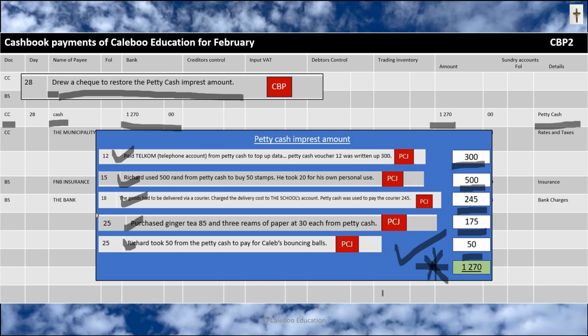It's going to go to the petty cash to restore the Imprest amount that we started with. So we need to replace the money that we spent out of petty cash, 1,270, and you calculate that amount by adding up all the transactions for the month of February that relate to petty cash, and that's how you calculate that amount in this transaction.